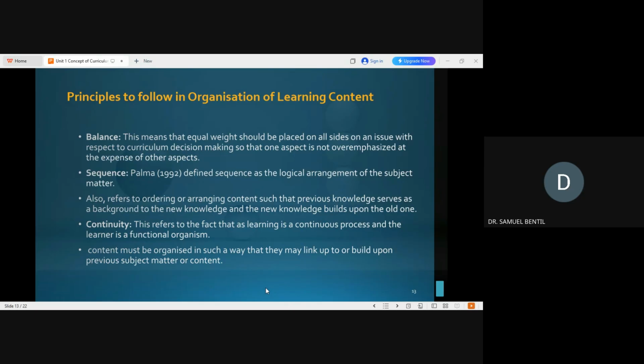So if you look at the geography syllabus, it has been structured in such a way that within a term, there are some topics in physical geography you are supposed to teach, some topics in human geography, and some topics in map work. So that's how it has been structured, and that's what we mean by organization of content.